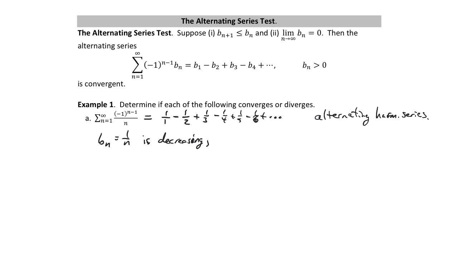The terms go to 0. It's decreasing, it approaches 0. And my series is alternating. So what that means is by the alternating series test, the series converges.